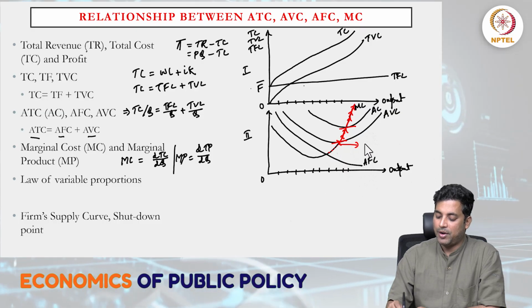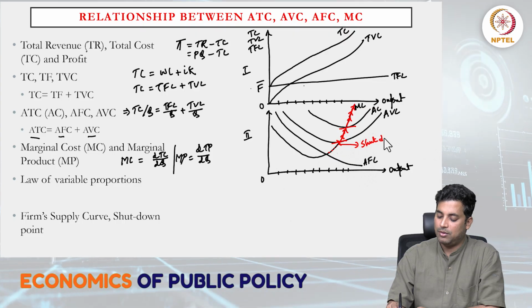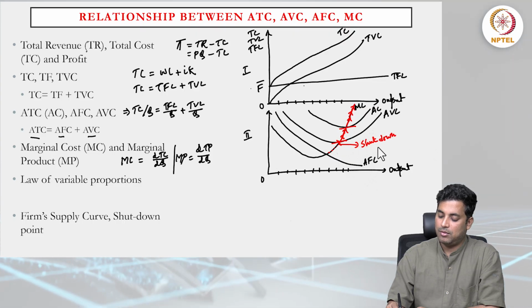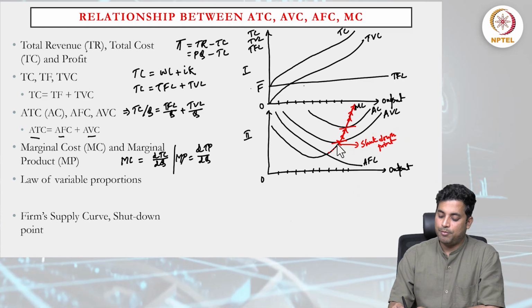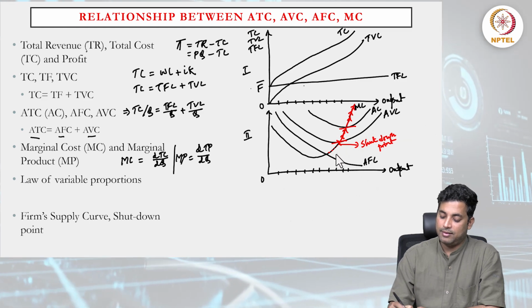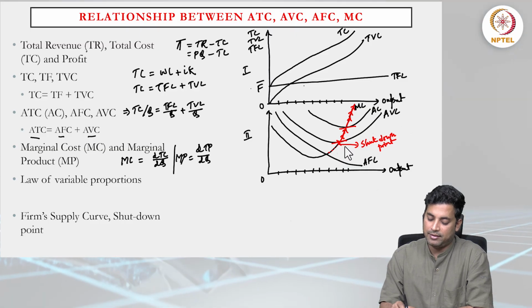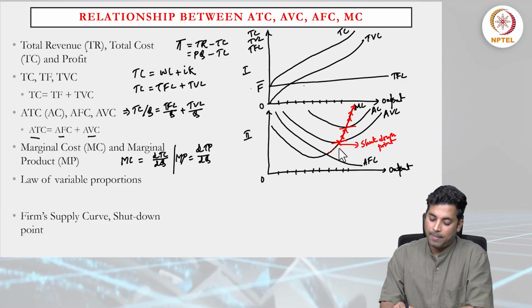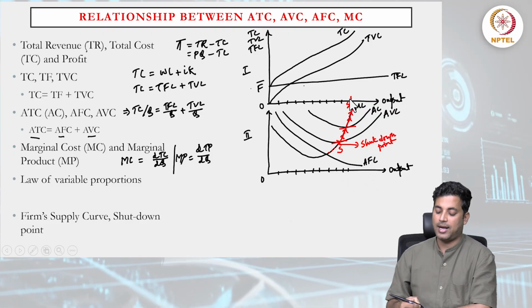This point is called the shutdown point for the firm. Say below this point, say this is S, and say this is S dash.